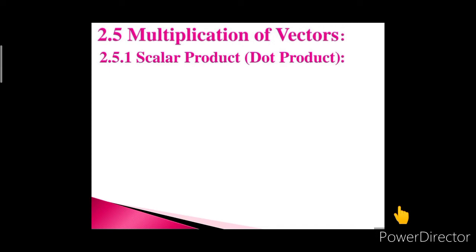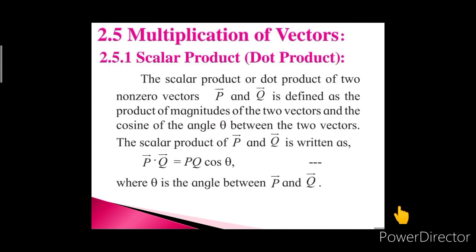The scalar product or dot product of two non-zero vectors, vector p and vector q, is defined as the product of magnitudes of the two vectors and the cosine of the angle theta between the two vectors.